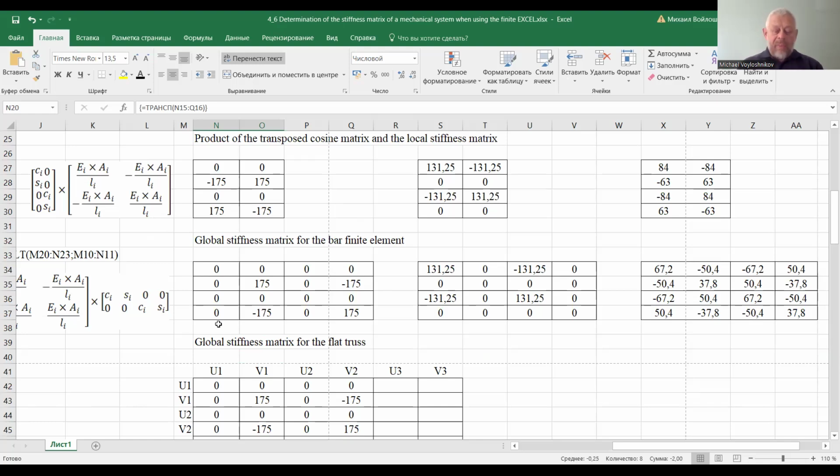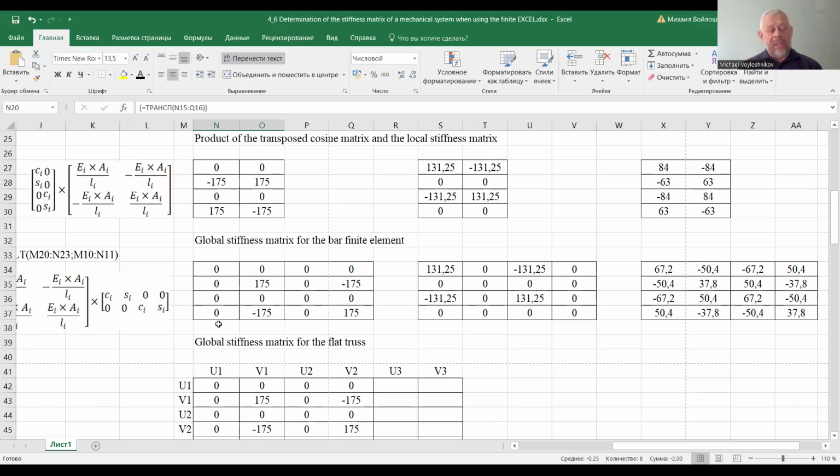Let me remind you that for the hingedly connected finite elements in the flat truss, we do not consider the action of bending moments, as the hinges connecting the finite element to other finite elements do not transmit the bending moment. This could be different for frames.